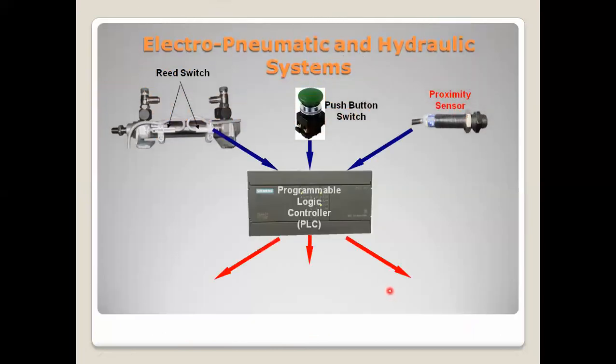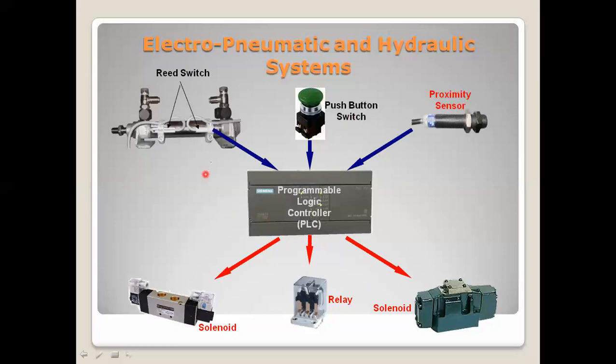Here you can see the diagrams of the electro-pneumatic system and hydraulic system. Here there is a push button, then proximity sensors, solenoid, relay, and reed switch. All these seen in the picture are used for the control of the system.